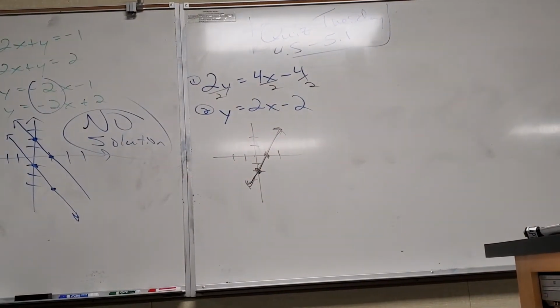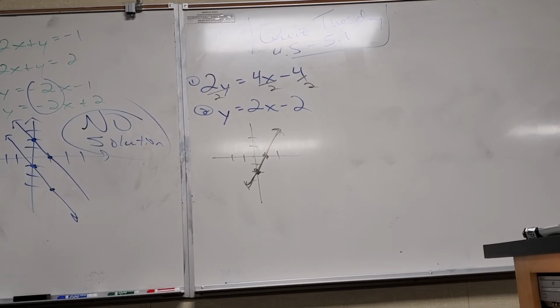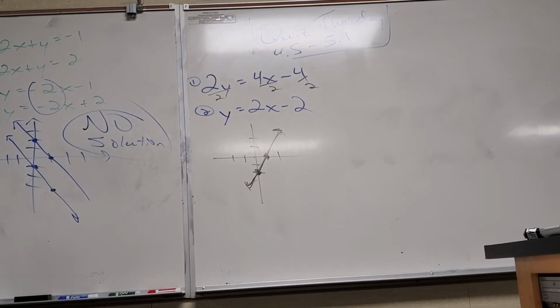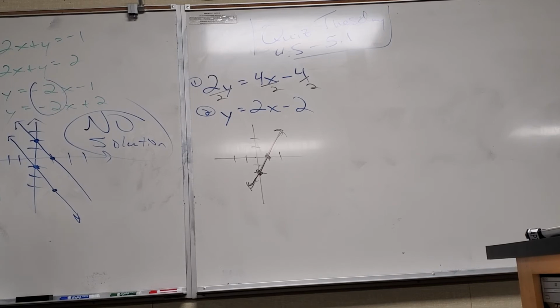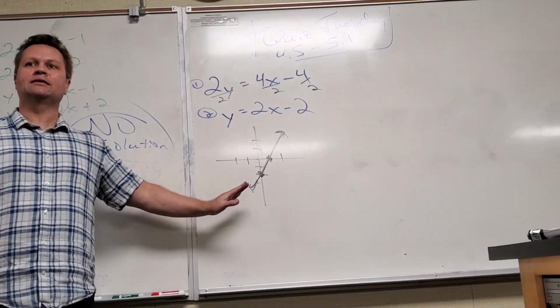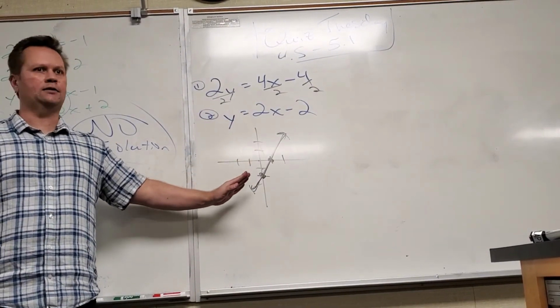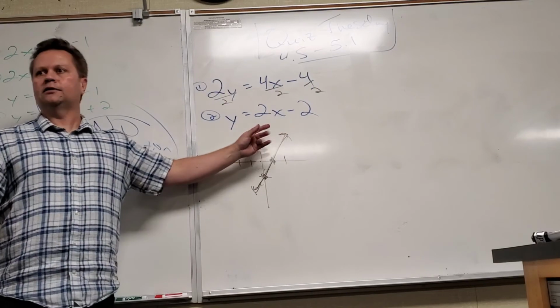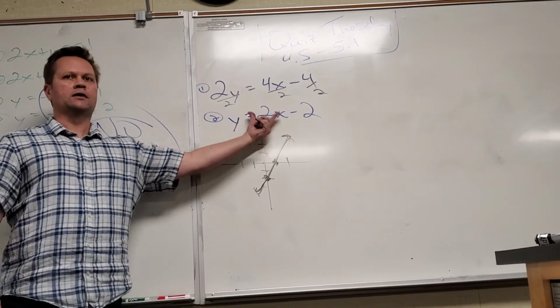The answer is where the two lines meet. So how many answers are there? Infinite number of answers. They meet at every point that is on the line. So the answer to this would be all the points on this line.